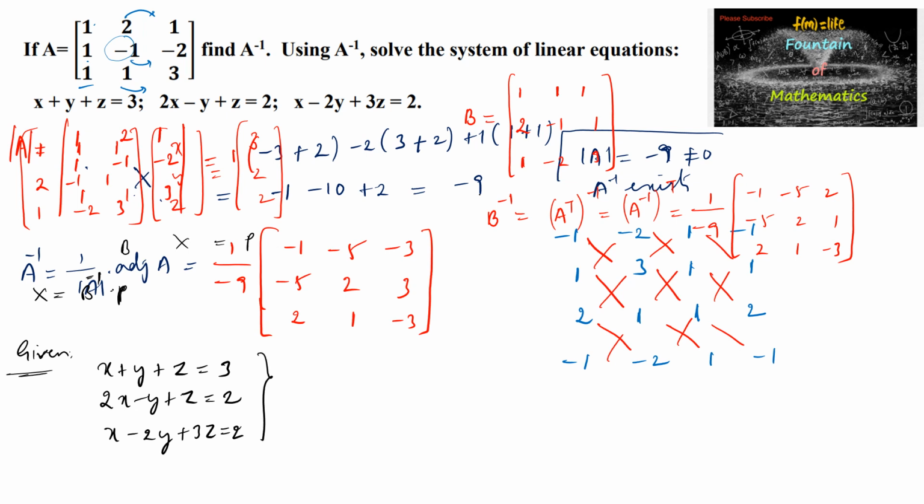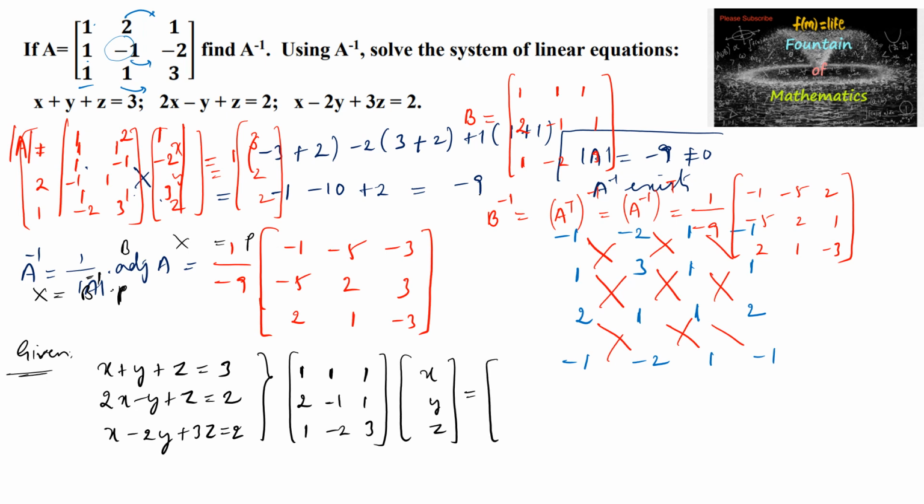The given equations we can write in matrix form as [[1, 1, 1], [2, -1, 1], [1, -2, 3]] into [x, y, z] is equal to the constants given here: 3, 2 and 2.